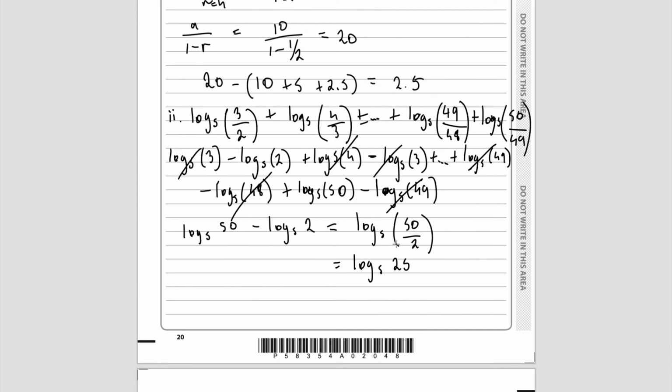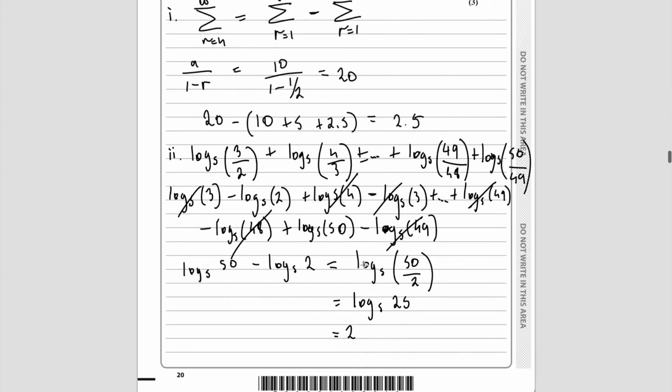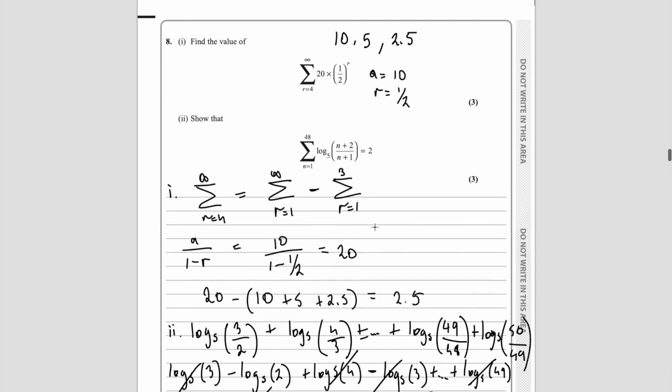And from this, we can work out an answer. 5 to the power of something is 25, and that something is obviously going to be 2. Equally, you can just put it into your calculator. So there we go. We found that this summation does indeed equal 2, and that's the answer for that question.